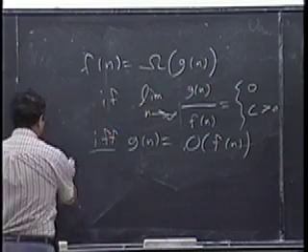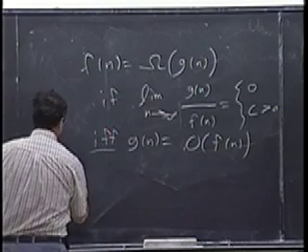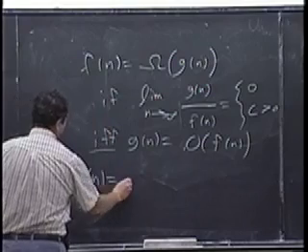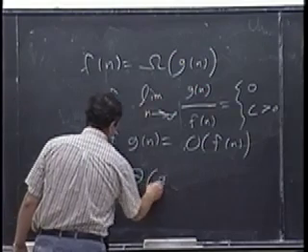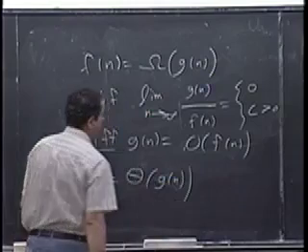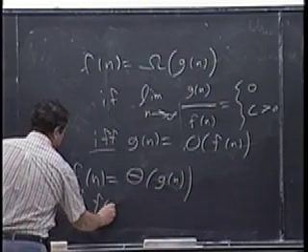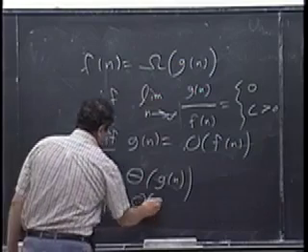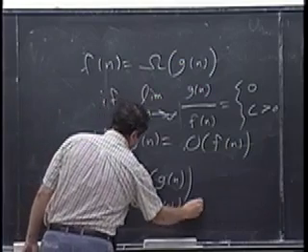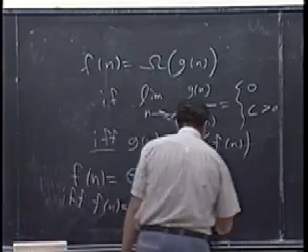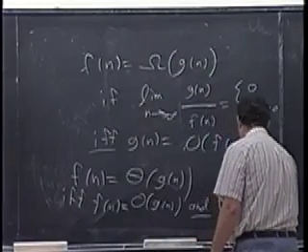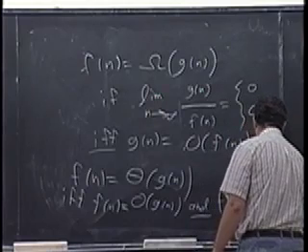All right, and then the final notation that we're going to use is f of n is theta of g of n. This is if and only if f of n is big O of g of n and f of n is omega of g of n.